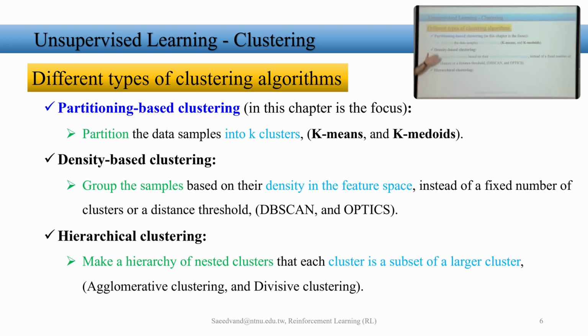As the third group, after partitioning and density, we have hierarchical clustering. In hierarchical clustering, what is happening? We try to make a hierarchy of nested clusters. Usually you say, okay, all my data is in one cluster, then I want to split it into new clusters and assign the groups to different clusters, or we start with as many clusters as data points, then try to reduce the number of clusters.